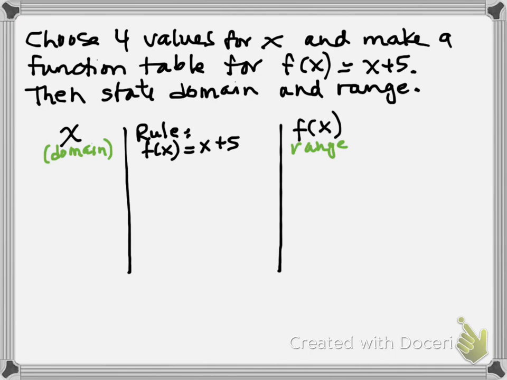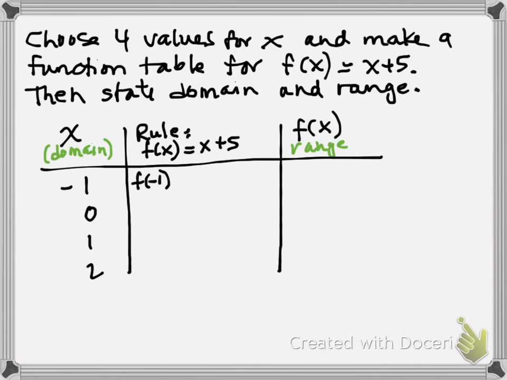And because we want to come up with uniform answers, we're all going to pick the same x's every time they ask you to do this, unless they give you the x's. We're going to pick -1, 0, 1, 2. So every time I see x, we're going to plug in -1. I'm only going to write it this way once. And what's -1 plus 5? 4.